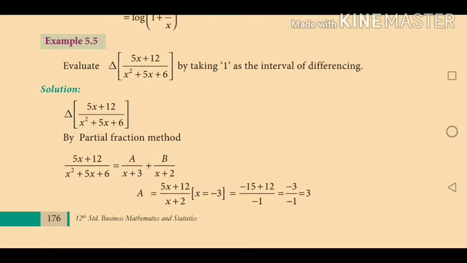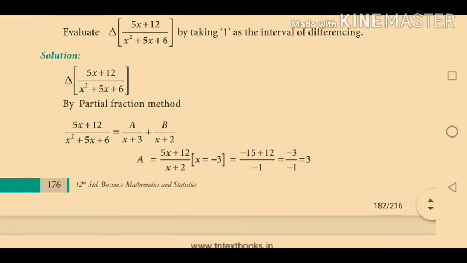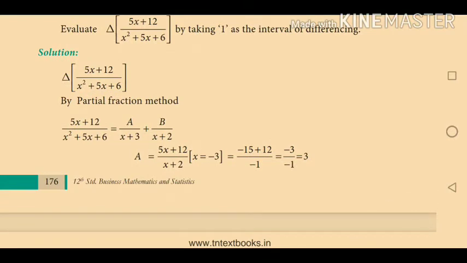Delta of (5x plus 12) divided by (x square plus 5x plus 6), taking 1 as the interval of differentiating. Delta f of x, 5x plus 12 divided by x square plus 5x plus 6, by the partial fraction method. Already you know how to find the partial fraction.